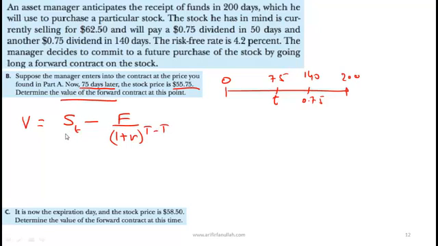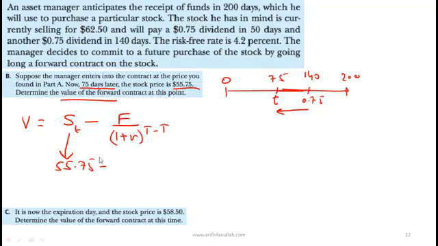Since I'm dealing with a dividend-paying stock, I need to recognize that in numbers, what's the price over here? It's now selling for 55.75, and I need to subtract the present value of this dividend. So this 0.75 needs to be discounted back 40 plus 65 days.